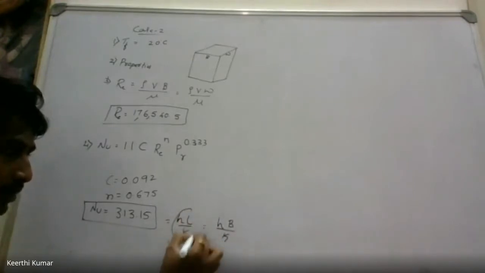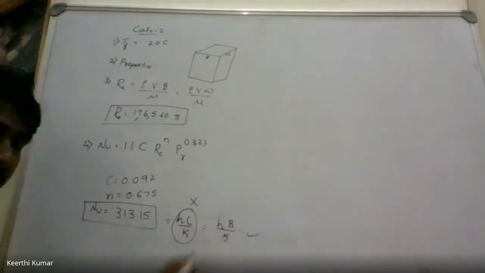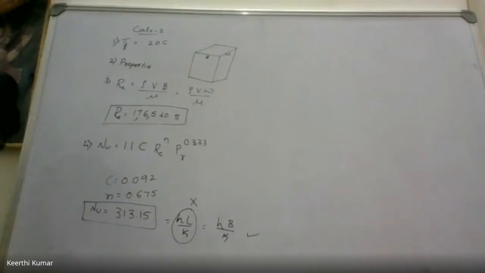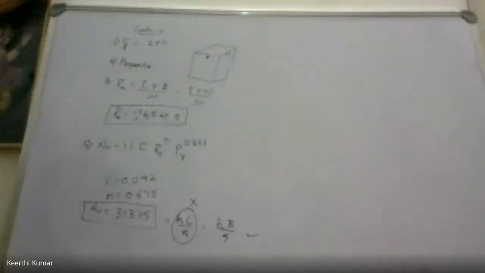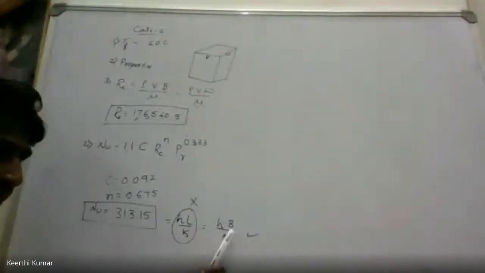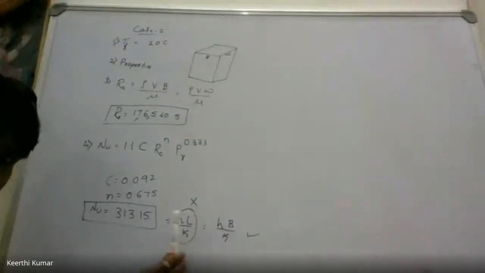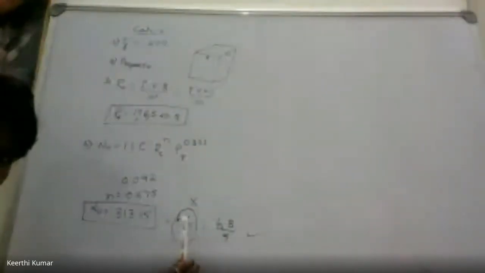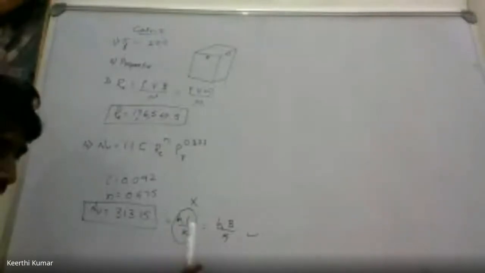So instead of this equation, I'll substitute this. Standard formula is hL by k, but for this problem, I'm substituting hb by k, because this b is nothing but the surface which is exposed. You're supposed to take hb by k, not hL by k.